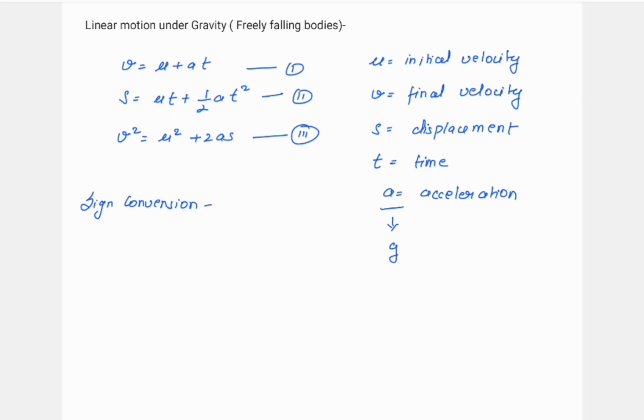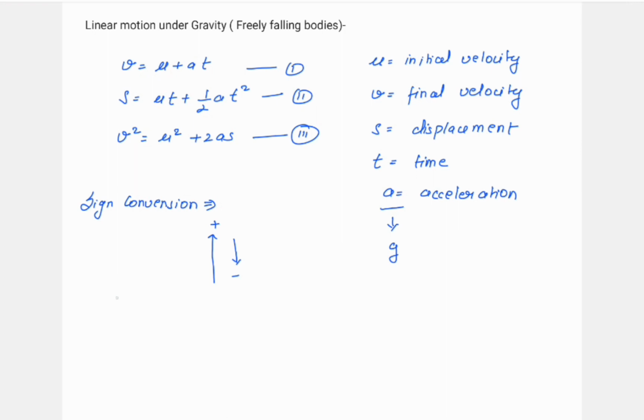While solving the numericals, you need to take care of the signs of the values. If anything is in an upward direction, I'm going to take it as positive. If anything is moving downward, I'm going to take it as negative.